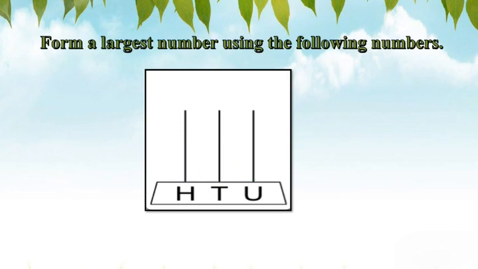Students, now let's look at another example of forming a largest number using the following numbers. And this time we have 352. So do we have to form a smallest number? No, we have to create a largest number using this number. Okay, I will give you 5 seconds.